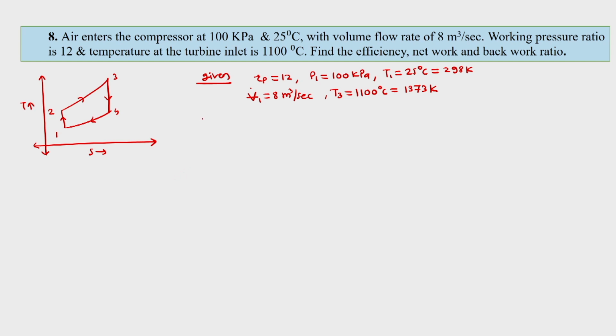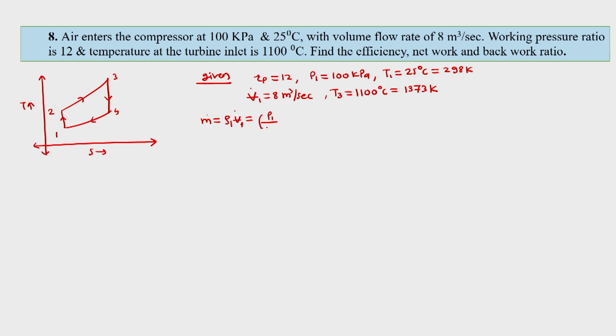Now again we have to find out mass flow rate. Since we are given volume flow rate at station 1, we have to multiply by density at station 1 only. So density at station 1 into volume flow rate at station 1 gives us mass flow rate.